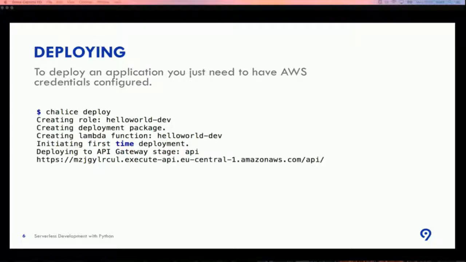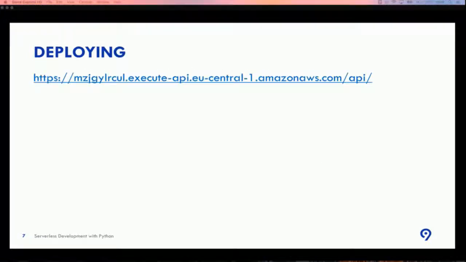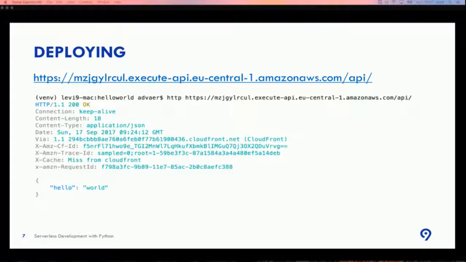You can see it creates roles, it creates a deployment package, it creates a Lambda function, it installs, and it returns the URL of the API which we can call in future. Let's call it. Of course I prepared it before, because I'm a very optimistic guy and I'm afraid that something will go wrong in the presentation. So this is a screenshot, but believe me, it's a real screenshot.